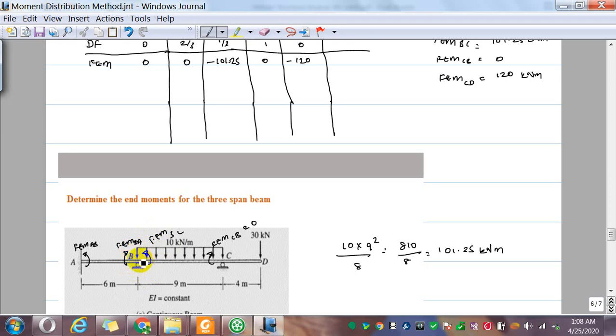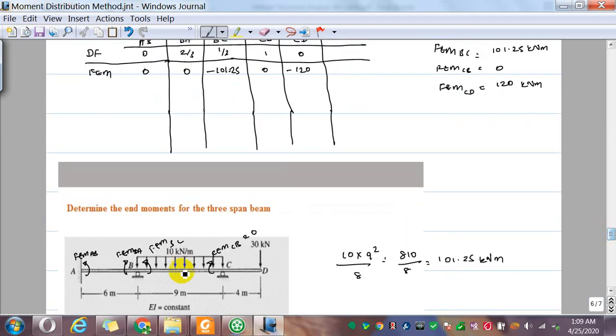So if you have a 0 moment on this side and minus 101.25 on this side, there's an unbalance. So you can imagine that we fix this and we release it. So it's now a pin, so it has to adjust and balance.